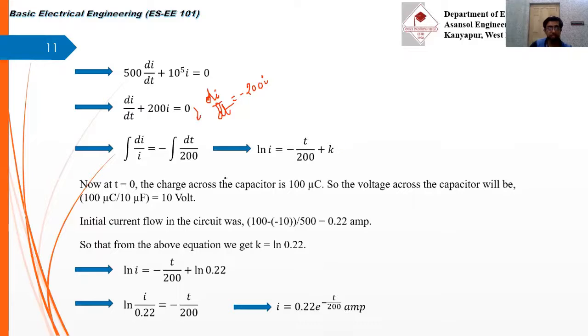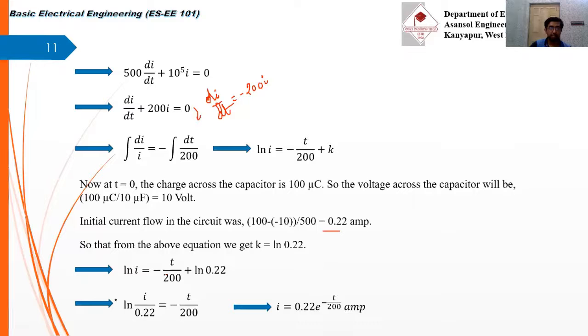Now at t equals 0, the charge across the capacitor is 100 microcoulomb, so the voltage across the capacitor will be 100 microcoulomb by 10 microfarad, that means 10 volt, that is VC at t equals 0. The initial current flowing in the circuit was 0.22 ampere. So from the given equation, the k value is ln 0.22. So ln I equals minus t by 200 plus ln 0.22.